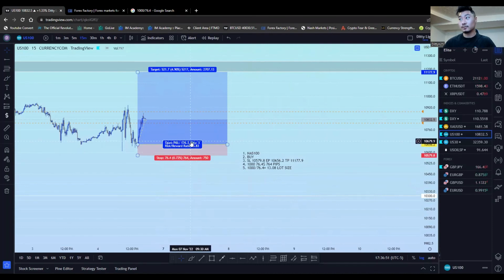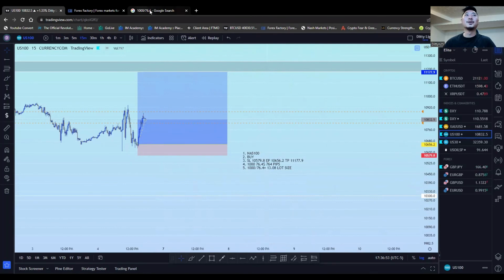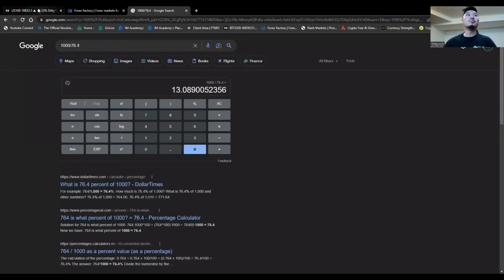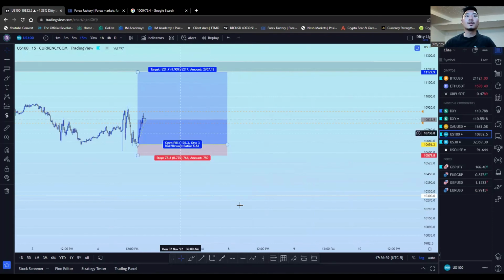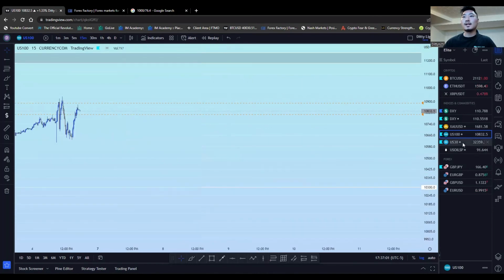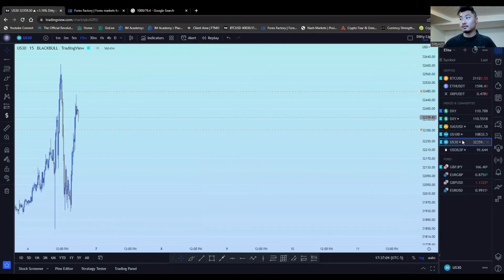Hope it makes sense for you, because it does for me. Okay, so boom, boom, boom, to respect your risk management. There we go. Like I said, same thing with US 30. What I just showed you on NAS is the same thing on US 30 to have your proper lot size.